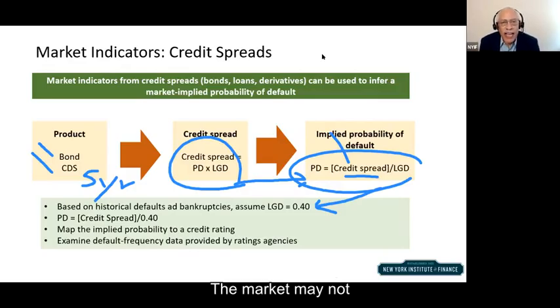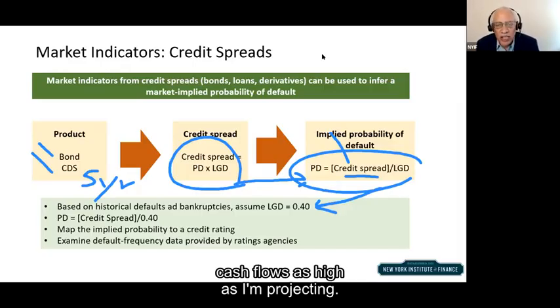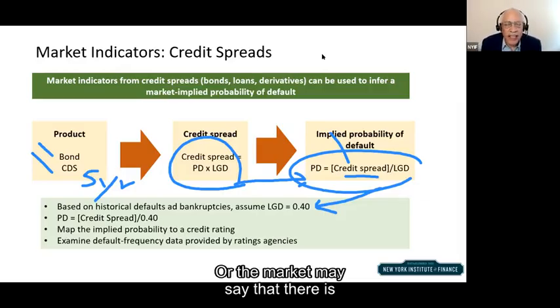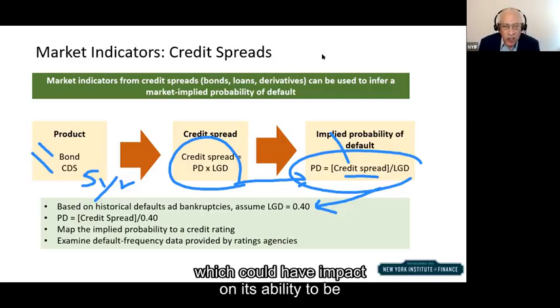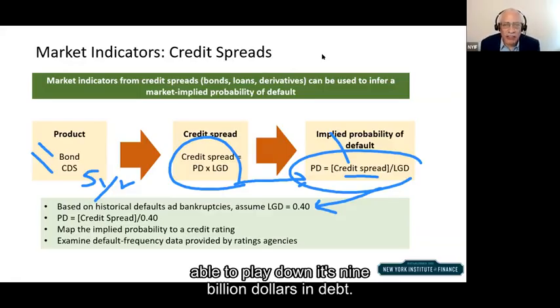The market may not project Tesla's performance and cash flows as high as I am projecting, or the market may say that there is the impact of competition on Tesla, which could have an impact on its ability to pay down its $9 billion in debt.